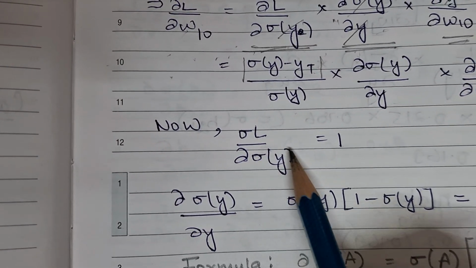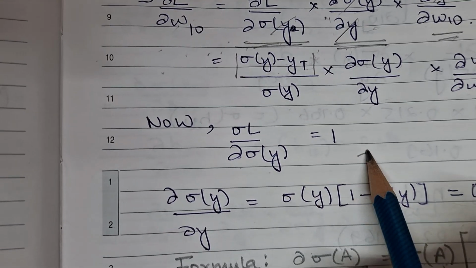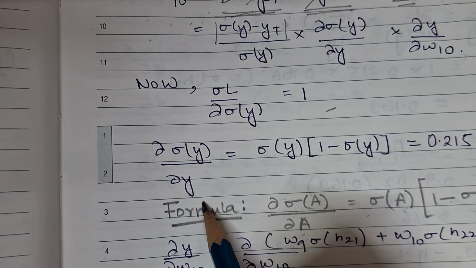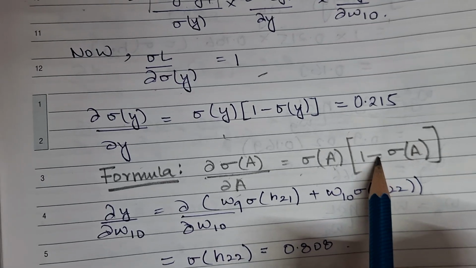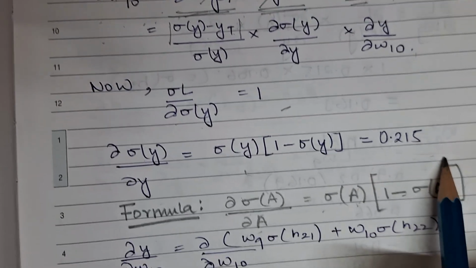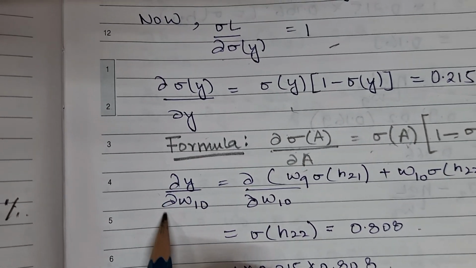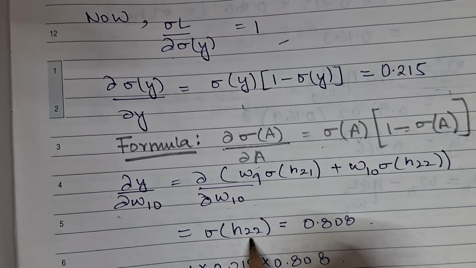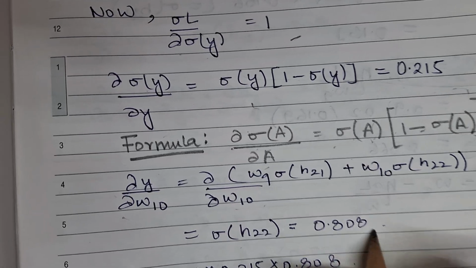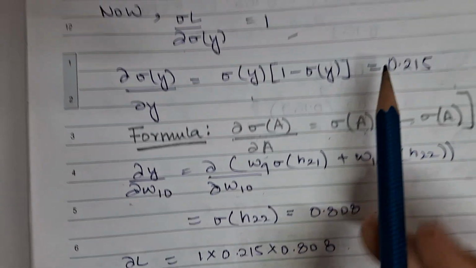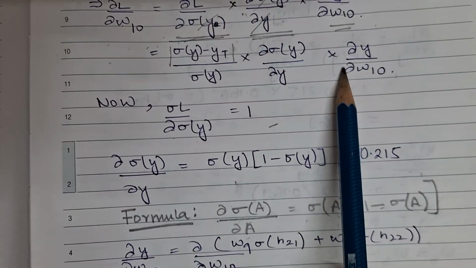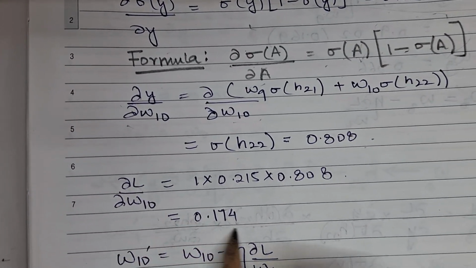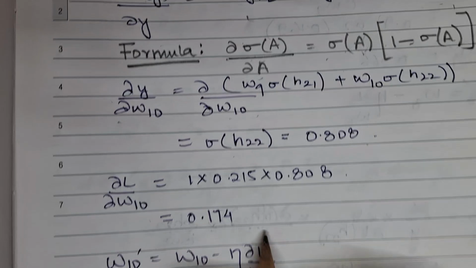Now del L by del of sigma Y is 1. Del of sigma Y by del of Y, using this formula, we get 0.25. And del of Y by del of omega 10 is sigma of H22, which is equal to 0.808. Putting all of this information into the above formula, we get the value of del L by del omega 10 as 0.174.